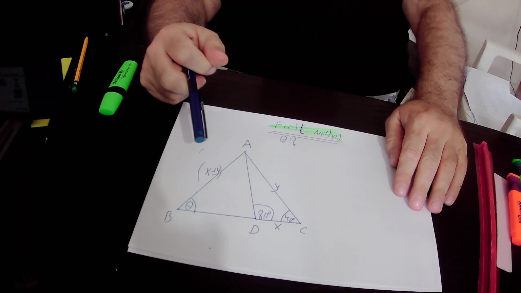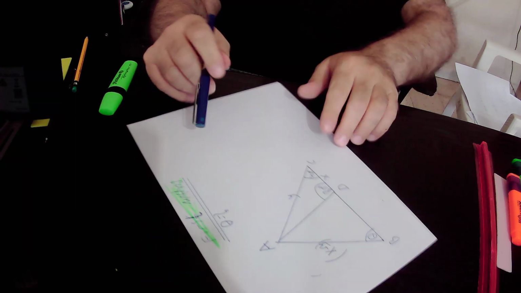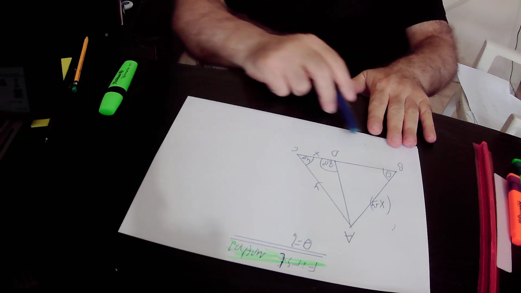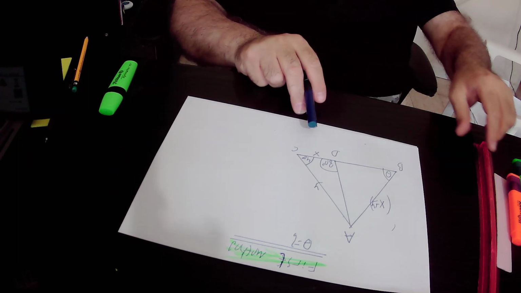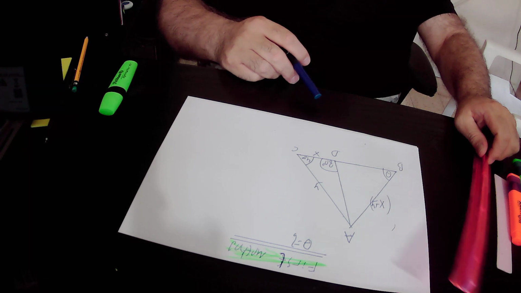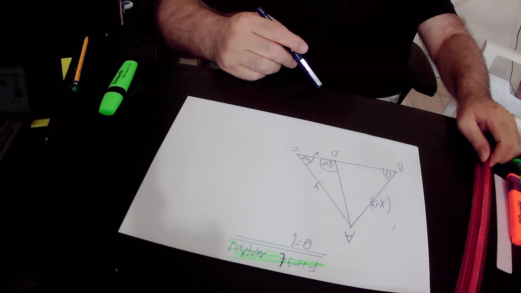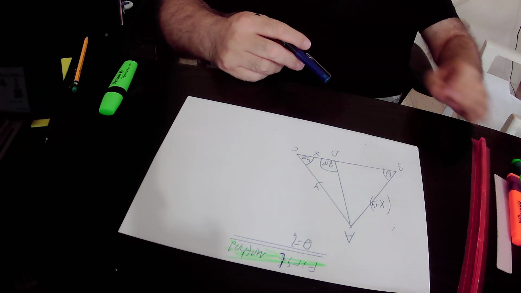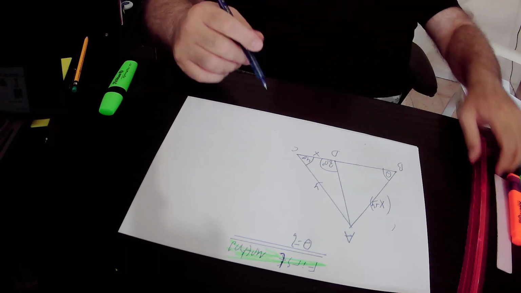Okay, so in the first method, we'll do a construction. We'll extend side BC in such a way that actually we'll extend side BC in y units.